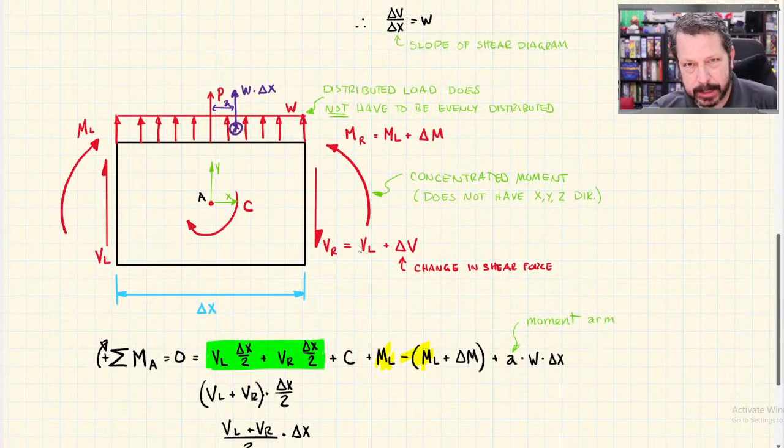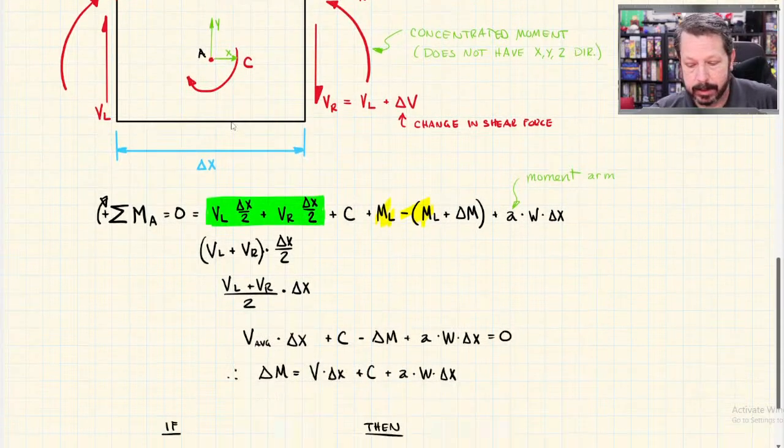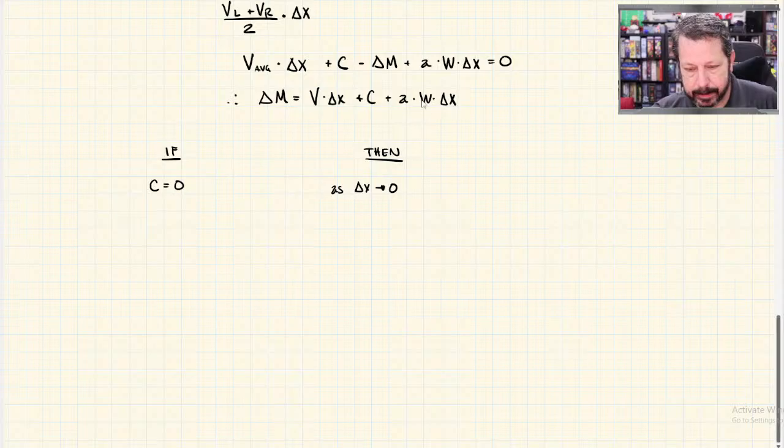I have two things multiplied by delta x, but one of them is multiplied times A, and A is some fraction of delta x, because A has to be some tiny part of delta x. So the A times W term is going to go to 0 faster because it's some number less than delta x times W.